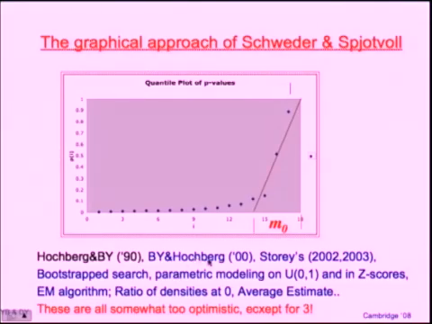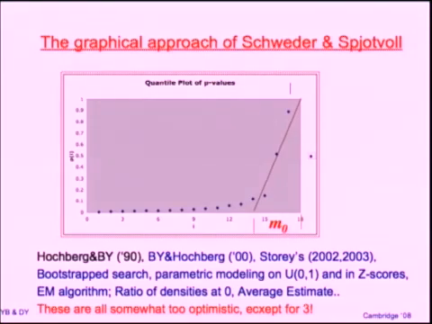And there are many procedures, bootstrap approaches, and parametric modeling, as we saw yesterday, on the uniform distribution, parametric modeling on the z-scores, mixture models, the EM algorithm, and so on and so forth. Okay, there is really a very active area of research.